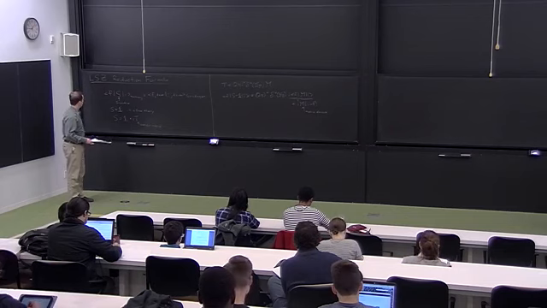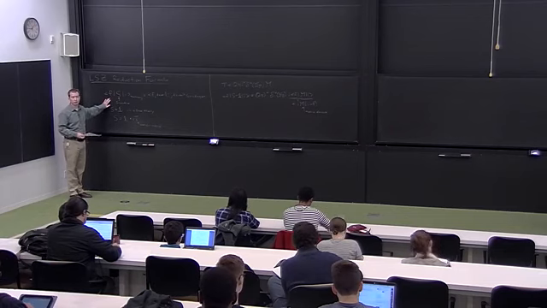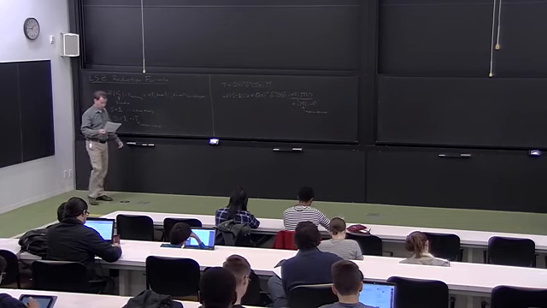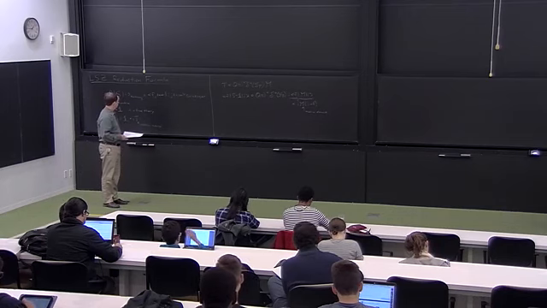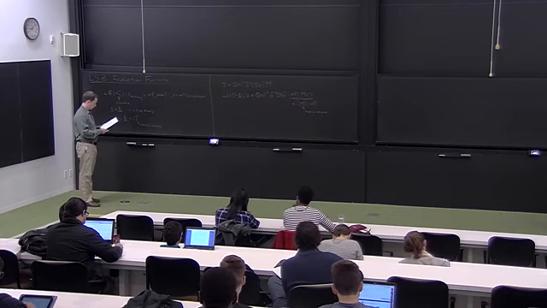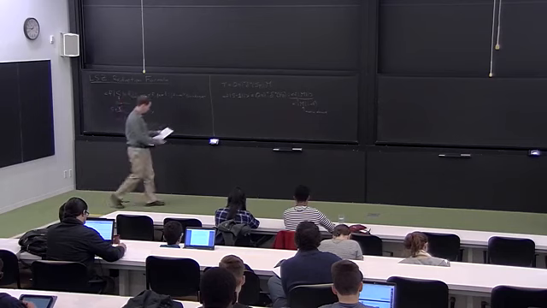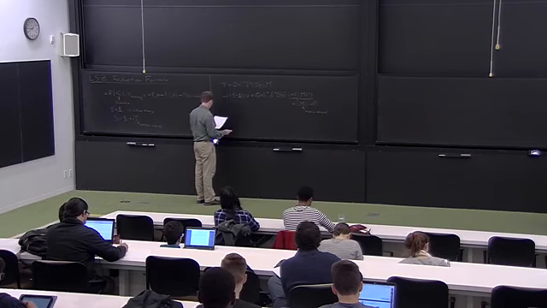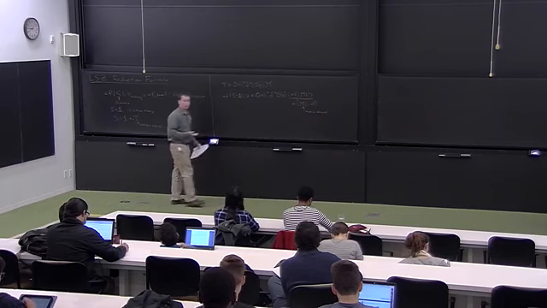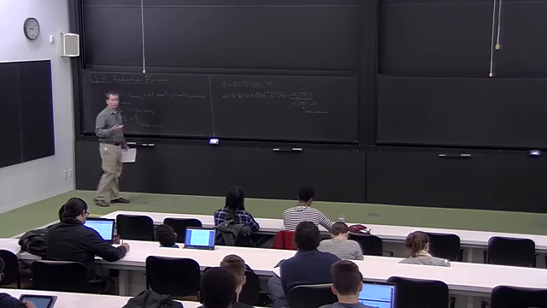So which initial states and final states should we consider? It's going to be useful to first think about the free theory. So in the free theory, there are no interactions.